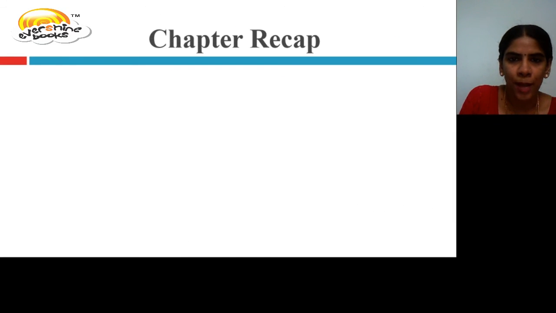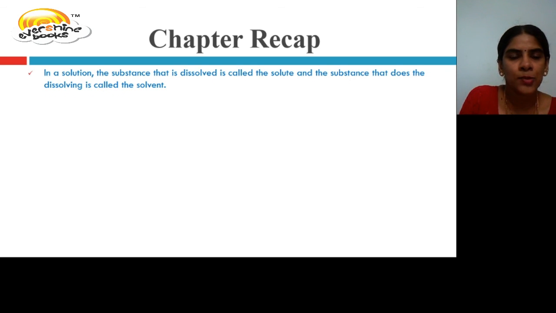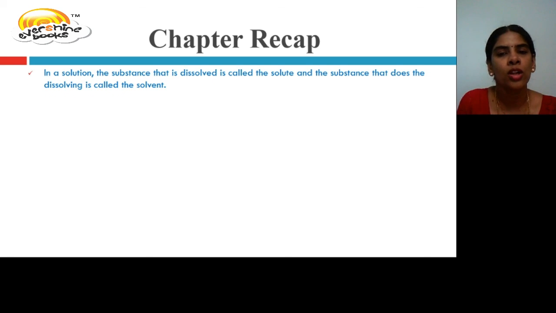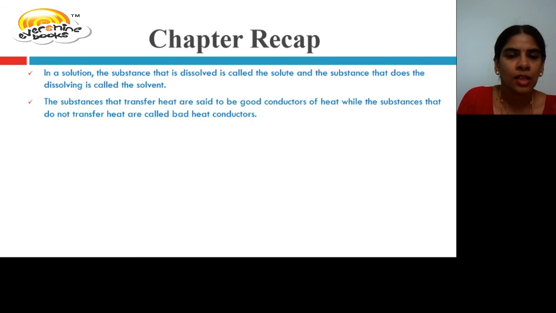Let us have a chapter recap. In a solution, the substance that is dissolved is called the solute. The substance that does the dissolving is called the solvent. The substances that transfer heat are said to be good conductors of heat, while the substances that do not transfer heat are called bad heat conductors.